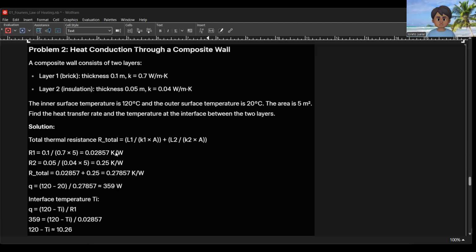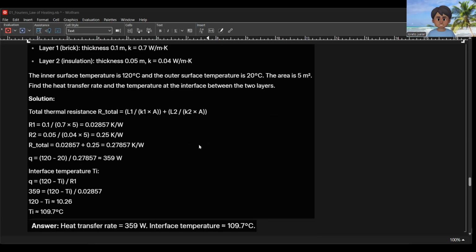So the thermal resistance here is L1 over K sub 1 times the area plus L sub 2 over K sub 2 times the area. So R1 here is 0.02857 Kelvin per watt. R sub 2, thermal resistance, is 0.05 over 0.04 times 5, equal to 25 Kelvin per watt.